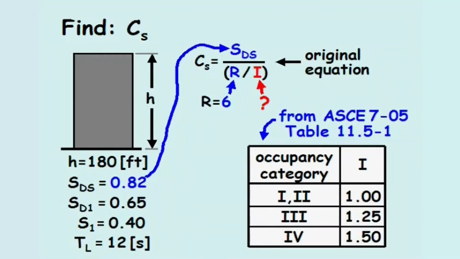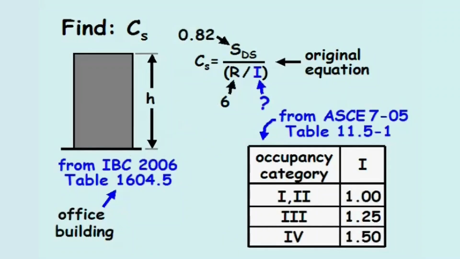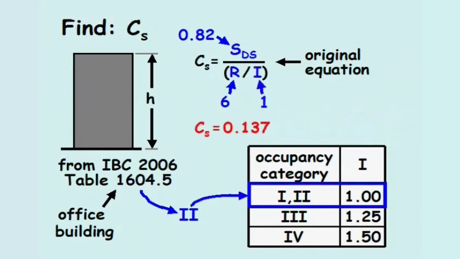Occupancy categories are defined in table 1604.5 of IBC 2006. The occupancy category for an office building is 2, which means the occupancy importance factor equals 1.00, and the seismic response coefficient in the original equation equals 0.137.